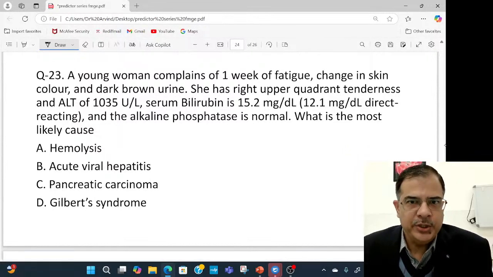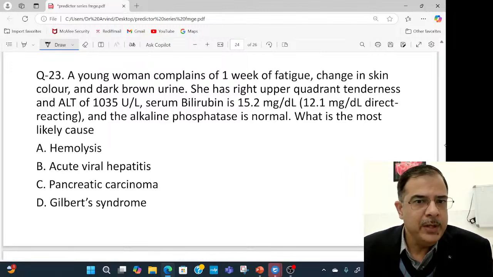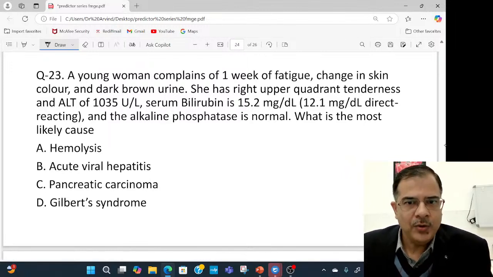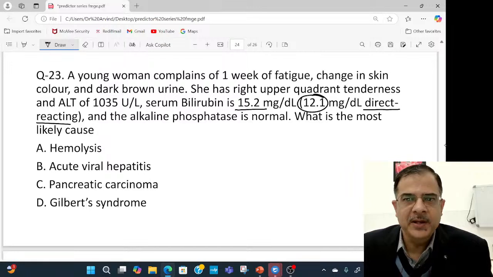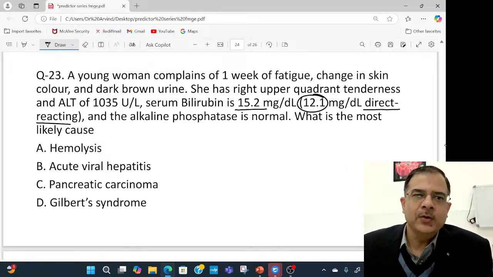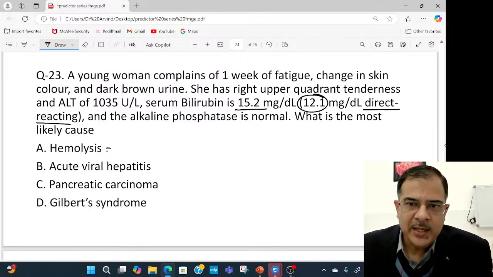The question is: the patient complained of fatigue, dark brown urine, and bilirubin levels are high. Out of this, serum bilirubin is mainly direct reacting that is elevated, direct bilirubin. So what will be the cause of this condition? In hemolysis, it is an indirect bilirubin elevation.